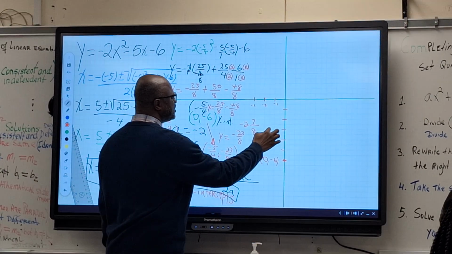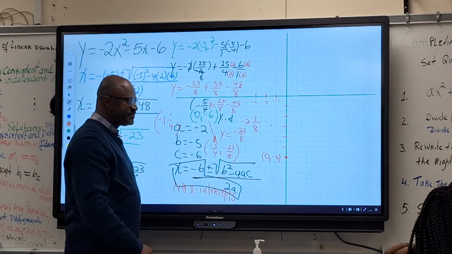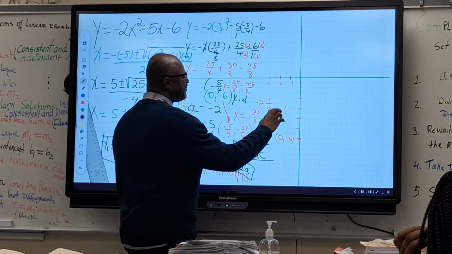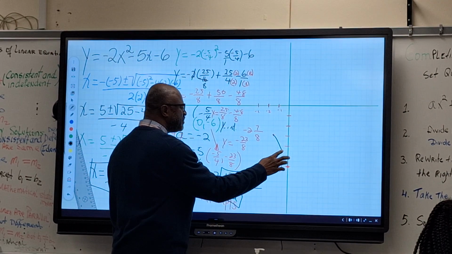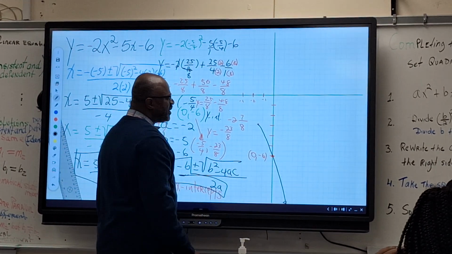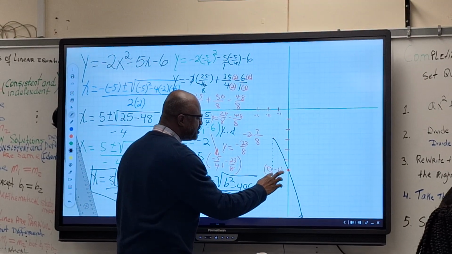Yeah. So more or less, that is my point. This will help me get only half of the graph. So it goes down. I'm going to find my y-intercept. Right? And this is the distance. This is my axis of symmetry.